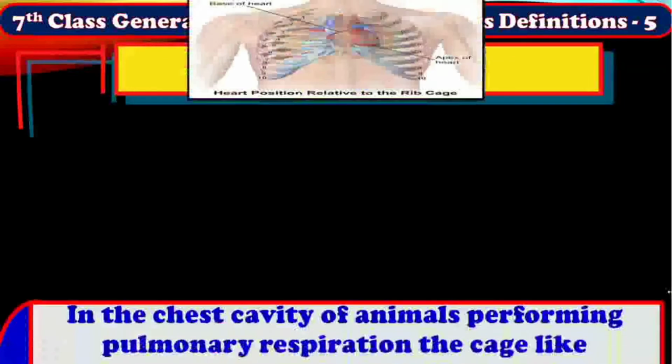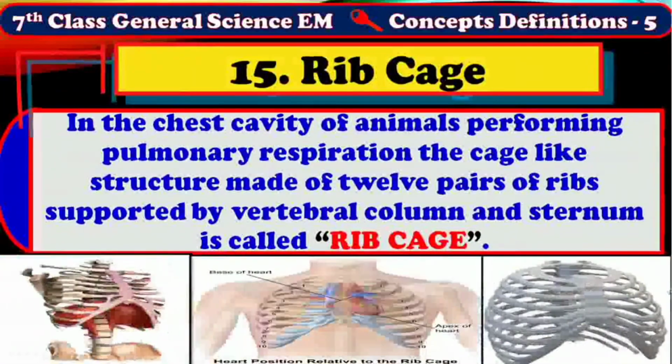Rib cage. In the chest cavity of animals performing pulmonary respiration, the cage-like structure made up of 12 pairs of bones called ribs, which are supported by vertebral column and sternum, is called rib cage.